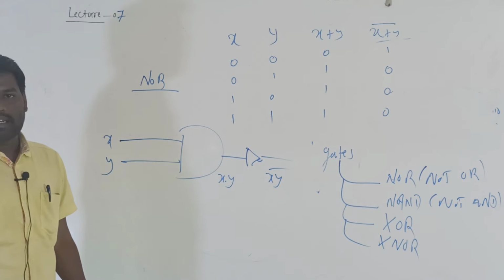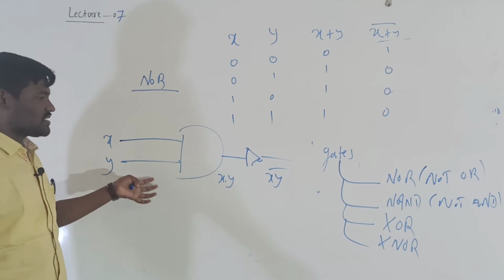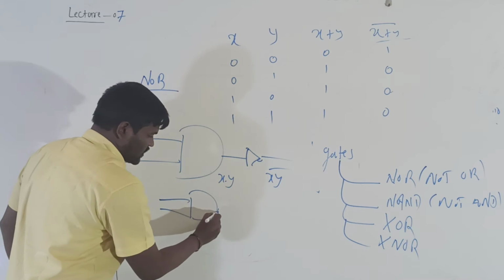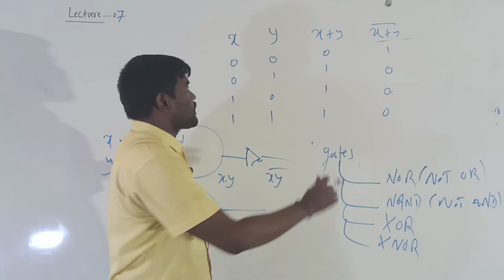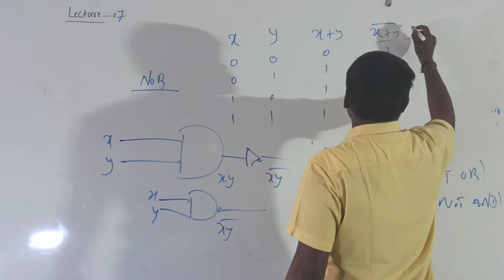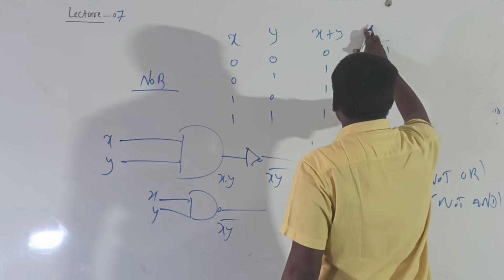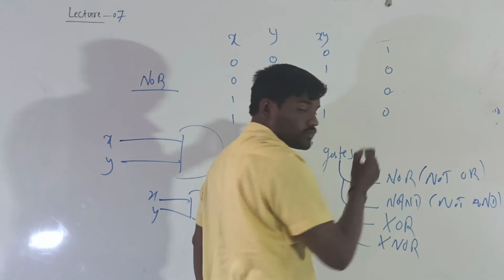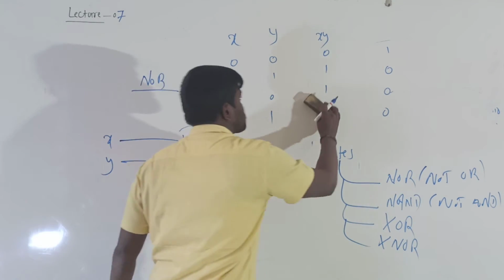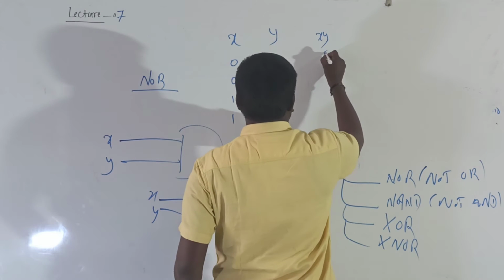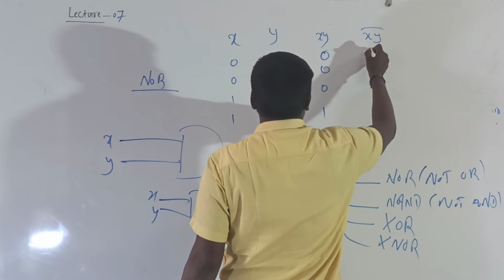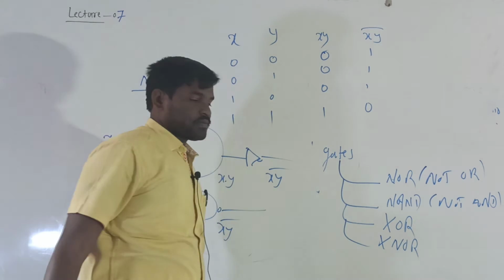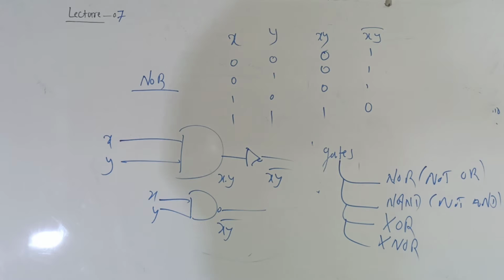The simplified version of this NAND gate is, just put one circle here, giving x into y whole bar. x y is 0 0 0 1, and x y whole bar is 1 1 1 0. So this is the NAND gate.